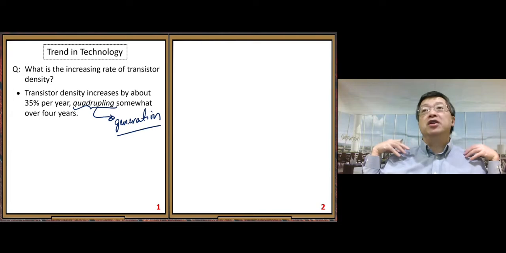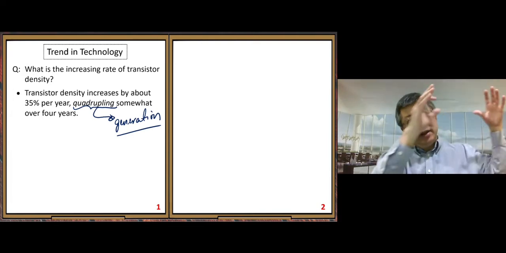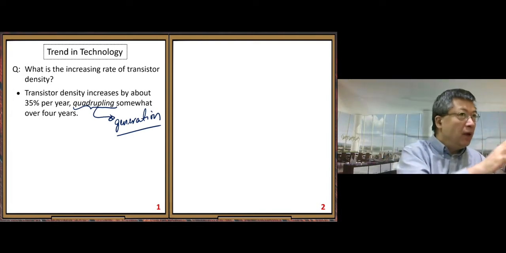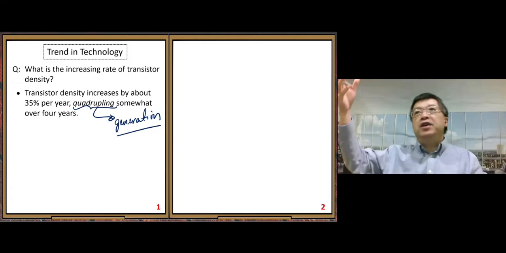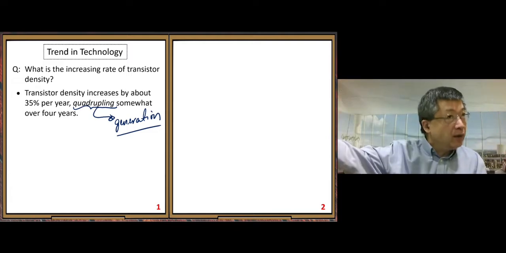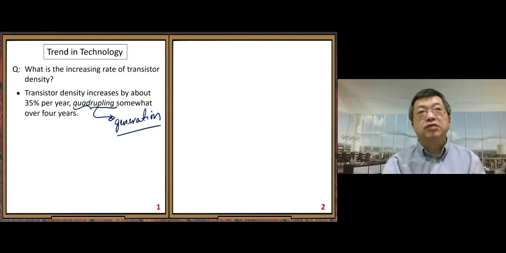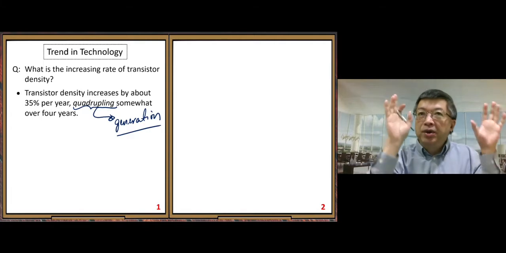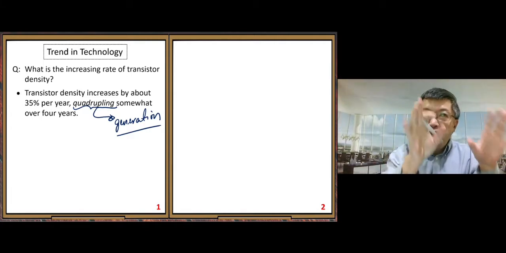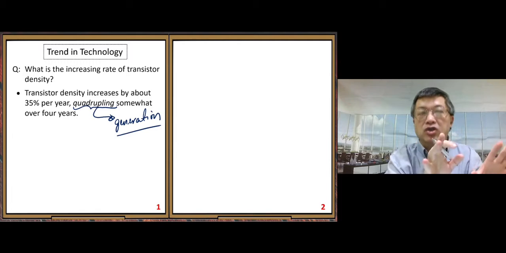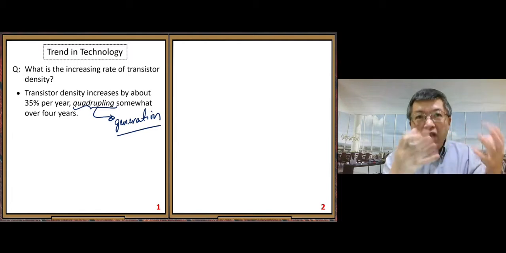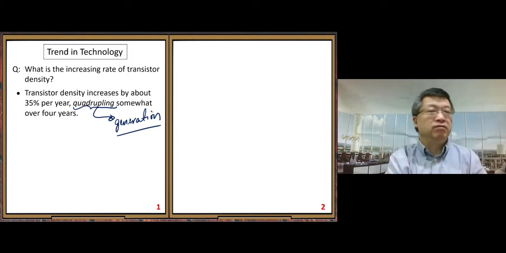For humans, we can define generations, right? Current generation people, after 25 years, next generation people. So we have some definition. But in the computer industry, the transistor industry, generation is defined by quadrupling.